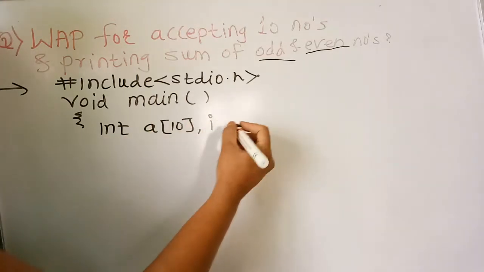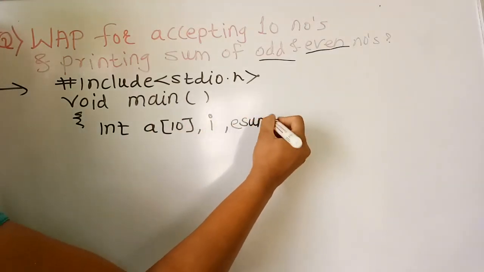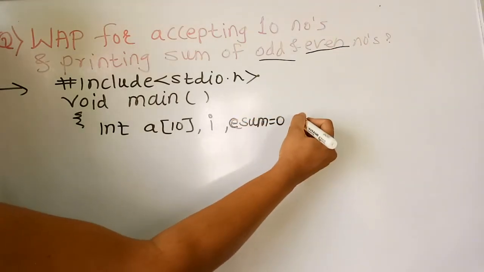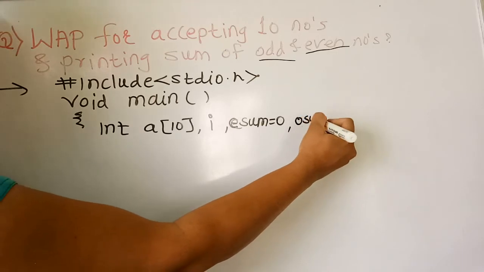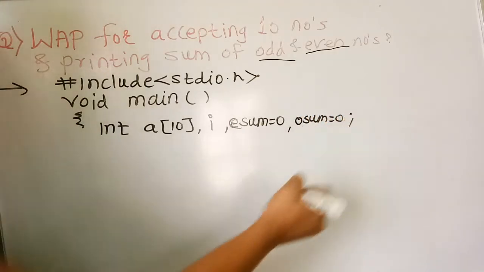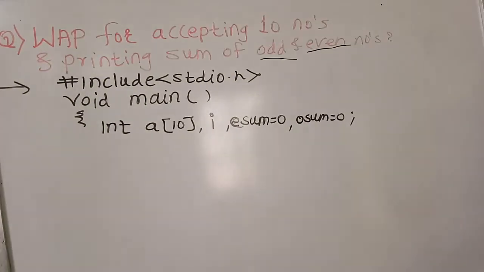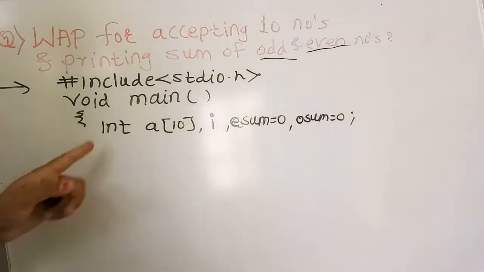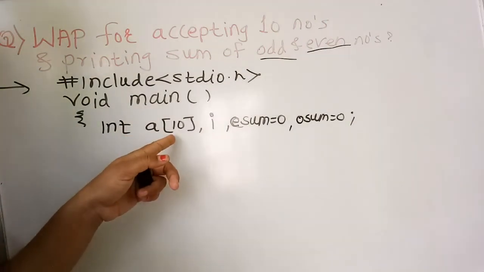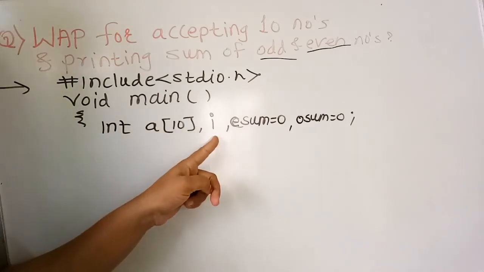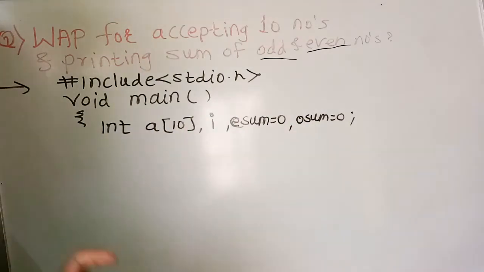To avoid that, we will take two variables for storing the addition, that is the even sum initially declared to 0 and the odd sum initially declared to 0, and we will complete the statement.